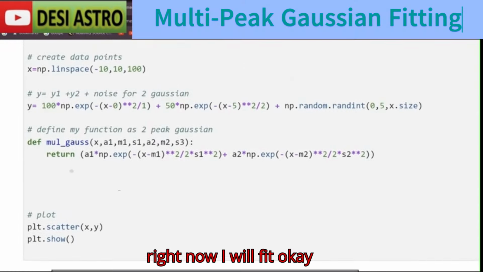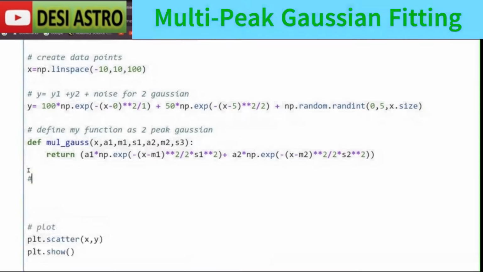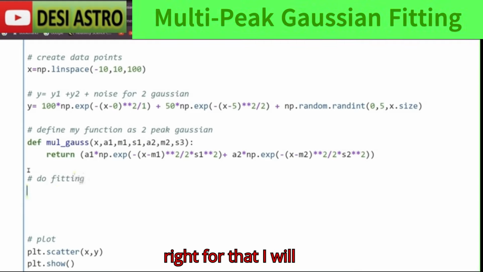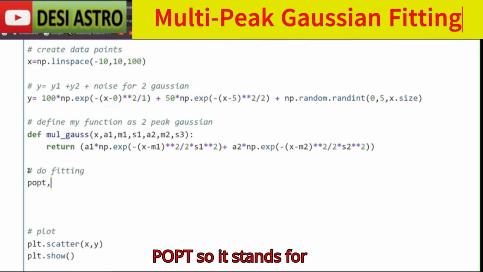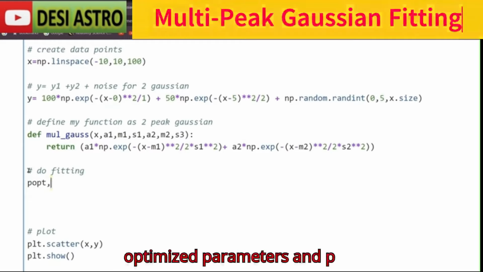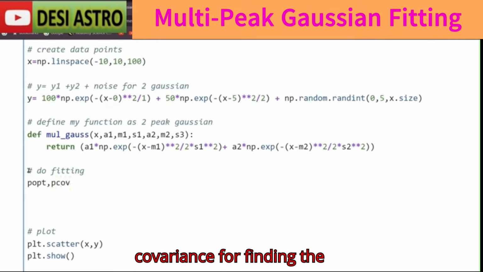Now I will fit. Okay, so for that, to do the fitting, I will call here POPT, which stands for optimized parameters, and P covariance for finding the error in the fitting, right?